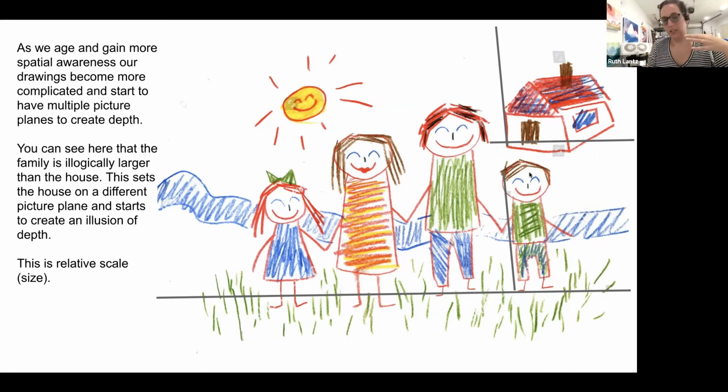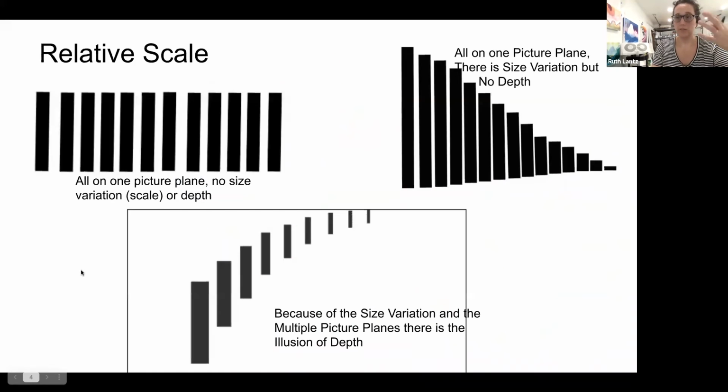Because logically, we understand that this person couldn't fit in this house. Because of that, we understand it to be far away. So there's a sense of scale there because of size variation.